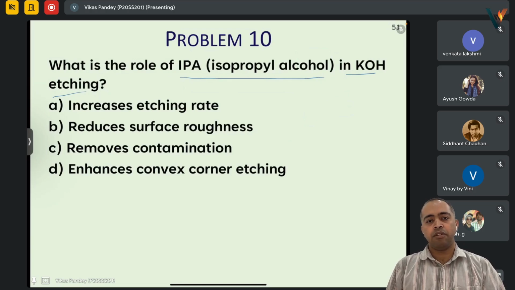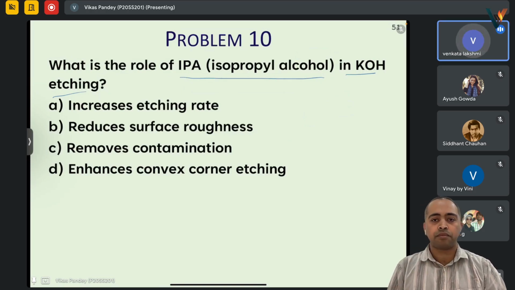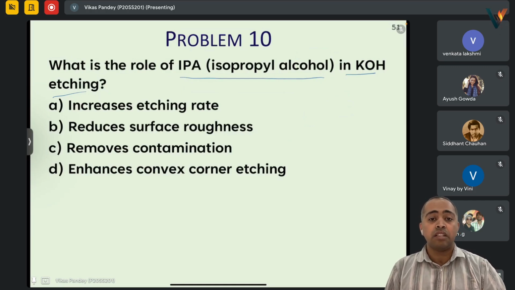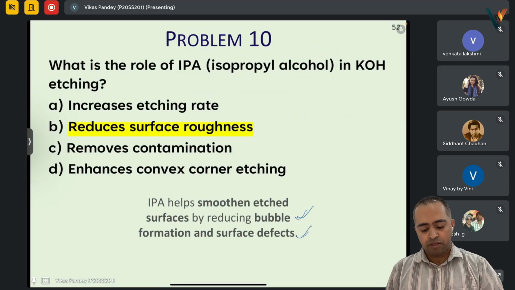Yes, anyone? I think it will be like a moderator and it increases the etching rates, sir. Yeah. And how does it do that? It does so by reducing bubble formation and surface defects.